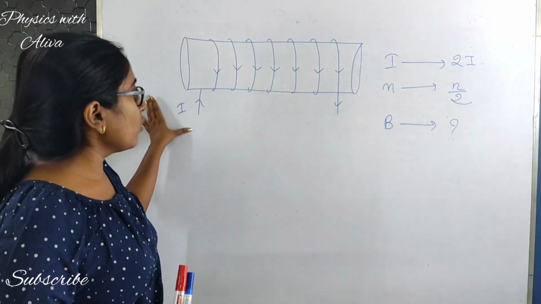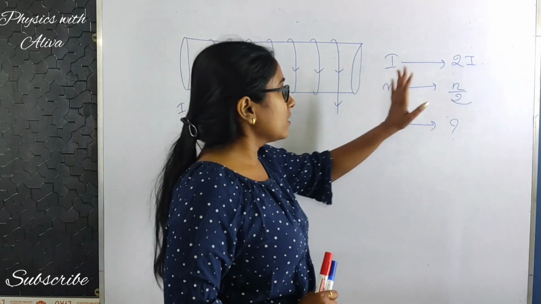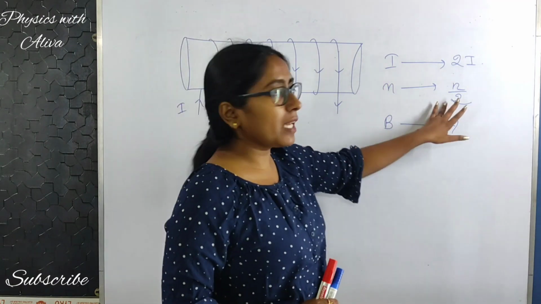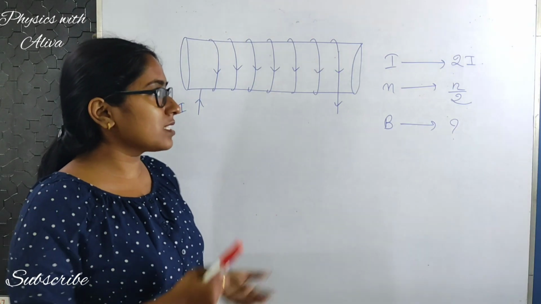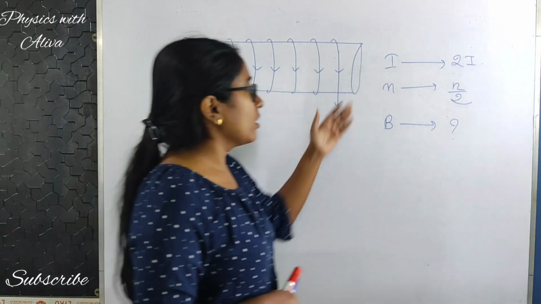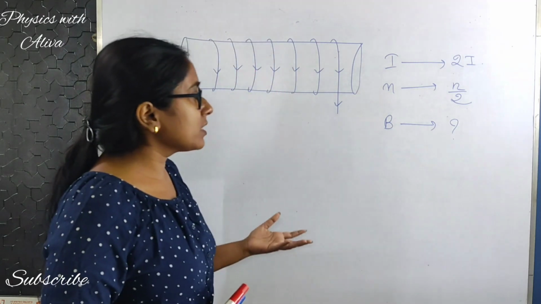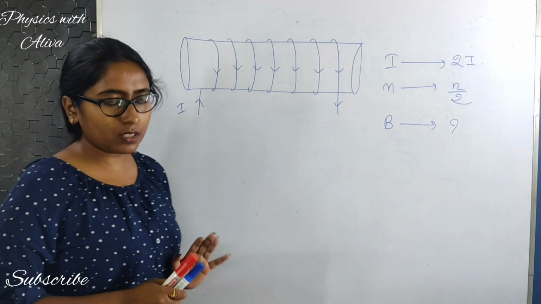Okay, so now we are changing the current from I to 2I and the number of turns per unit length to n by 2. Okay, so the number of turns per unit length is getting half and the current is getting doubled. And what will be the change in the magnetic field produced by the solenoid? This was the question.